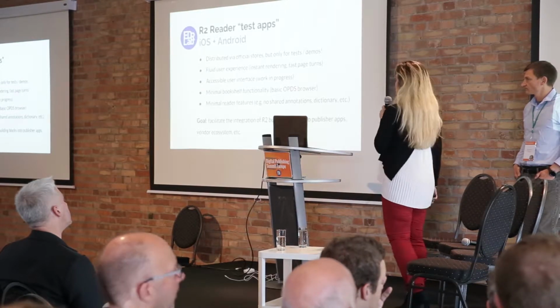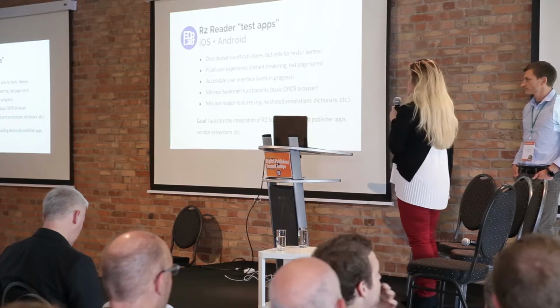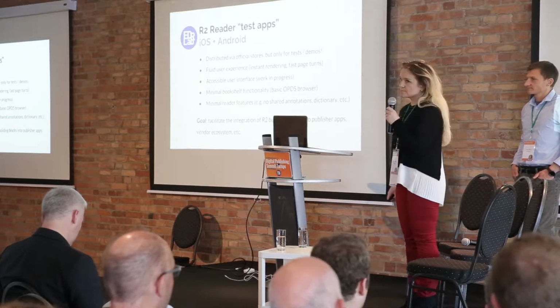The R2 reader test apps, we have them available on iOS and Android. Those test apps are distributed through the official stores like App Store and Play Store, but only for tests and demos. Nevertheless, we show a fluid user experience like instant rendering, fast page turns.